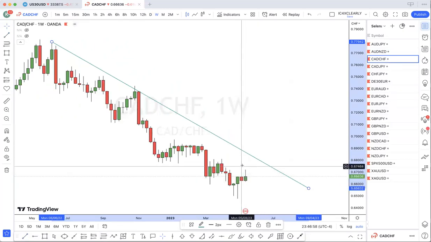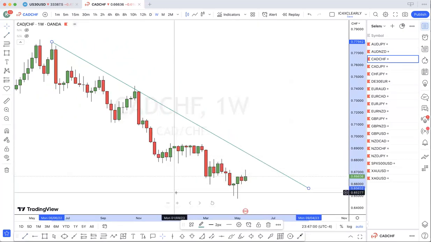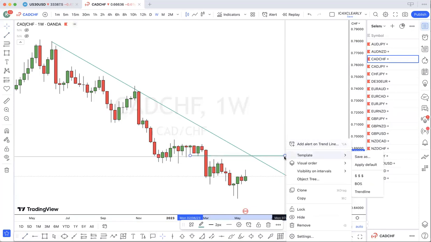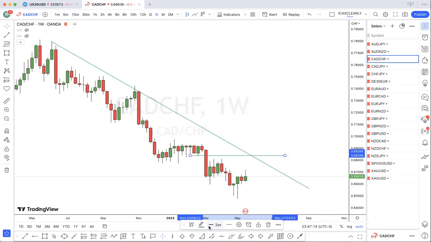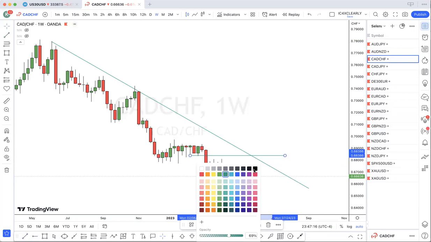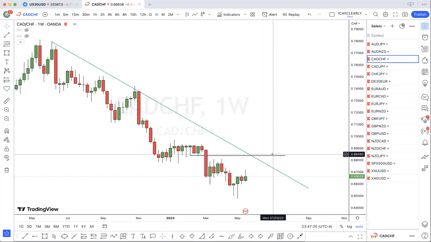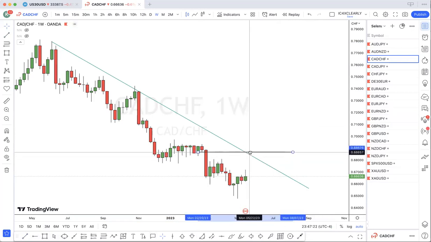So price may buy up to, so this area has not been mitigated yet. The area has not been mitigated yet, so price may come back here and may fill this imbalance.